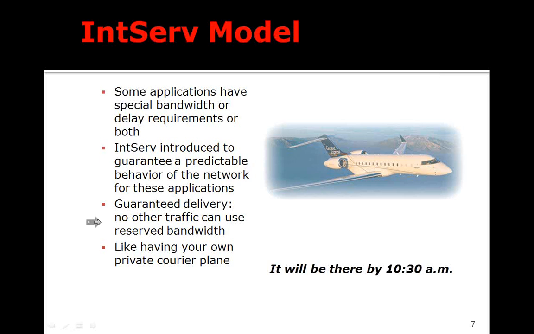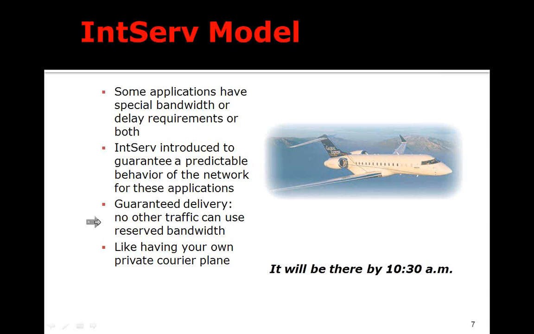We guarantee the delivery. No other traffic can use that reserved bandwidth. Once I've set up this IntServ reservation from point A to point Z, that bandwidth is guaranteed and no other application can use it. So if I've set it up for, say, a G.729 voice call, which is 28 kilobits, that 28K is set aside for that phone call, and no other device can use it because I've reserved it for this voice call.